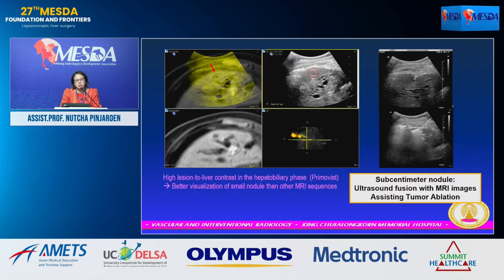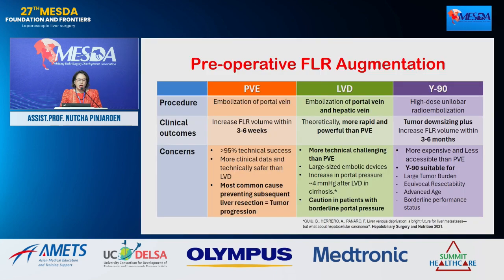And we can use this image modality to guide the ablation of the sub-centimeter nodule. So for colorectal liver metastasis, if you plan to do surgery or ablation, I recommend you use the Primovist MRI to evaluate the small nodules and also the vanishing tumor, so we can make sure that we treat all the residual tumor.